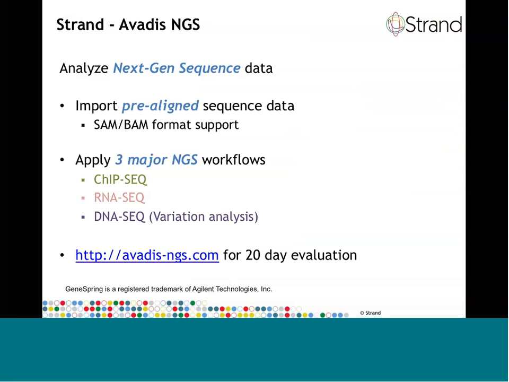As we discussed in some of the previous slides, Avadis NGS allows you to analyze next-gen sequencing data using pre-aligned data. We have chosen to support the SAM-BAM format as the main import format for pre-aligned data, since it has rapidly become the de facto standard file format for aligned data. It was made popular by the 1000 Genomes Project and is now being adopted by most, if not all, NGS vendors as the standard exchange format for their aligned data.